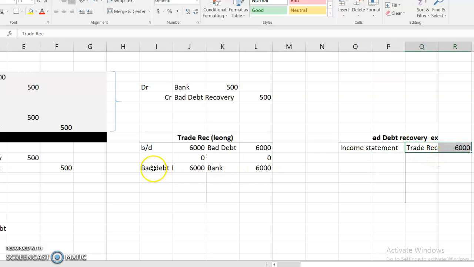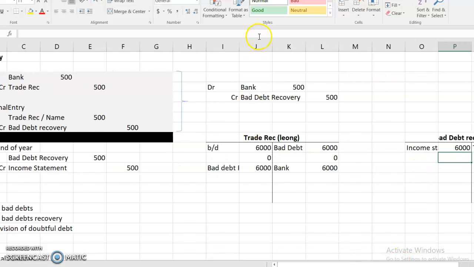So I will debit trade receivable and credit my bad debt recovery account, and at the end of the year I will transfer this amount to my income statement as an income, because I did not expect I will receive this amount, but I have received it.